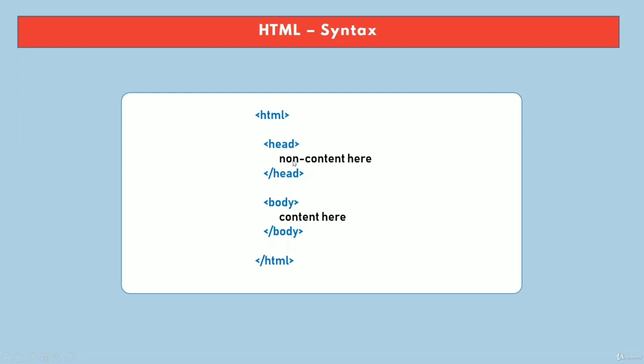Non-content is the information that you don't want to display in the web page. Some information appears outside the web page, and some information will not appear at all. That is called non-content, which is present inside the head. Alternatively, in the actual web page, whatever you want to display, you have to place it in the body.